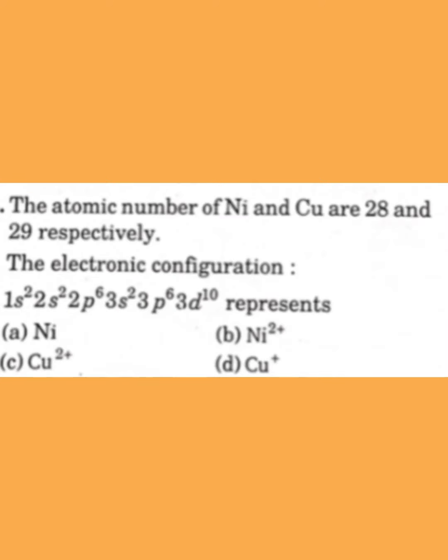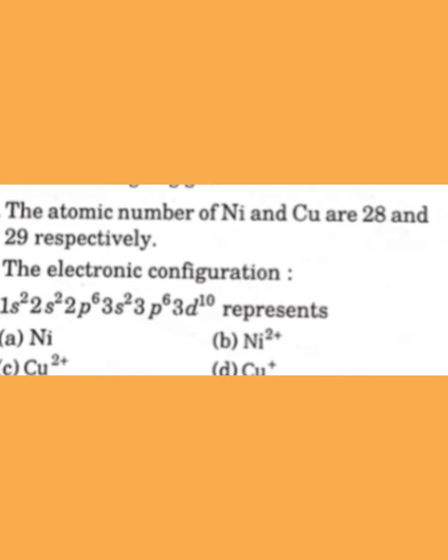Next question. The atomic number of nickel and copper are 28 and 29 respectively. The electronic configuration 1s2, 2s2, 2p6, 3s2, 3p6, 3d10 represents options: nickel, nickel 2 plus, Cu2 plus, Cu plus. The answer is option D, Cu plus.